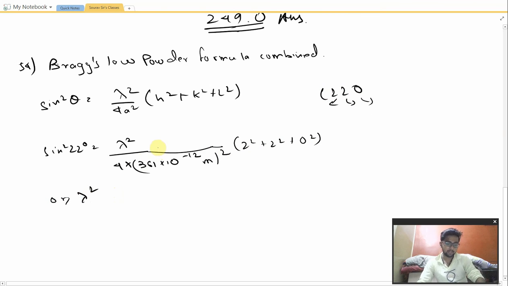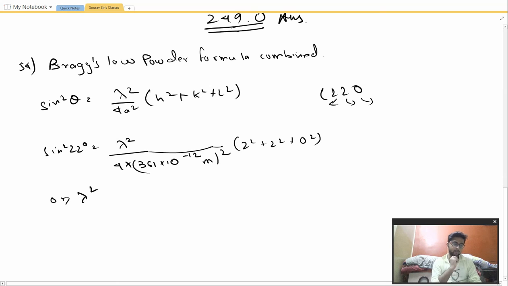Let me calculate it with my calculator. Sine 22 squared, into 4 into 361 into 10 to the power minus 12, into 361 into 10 to the power minus 12, divided by 2 square plus 2 square, which is 4 plus 4, 8.